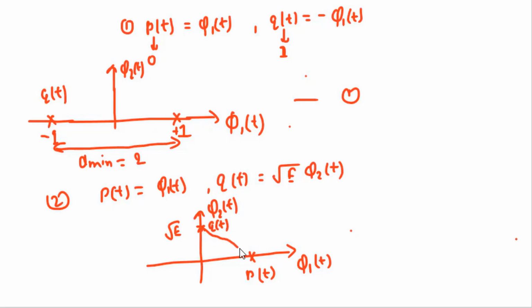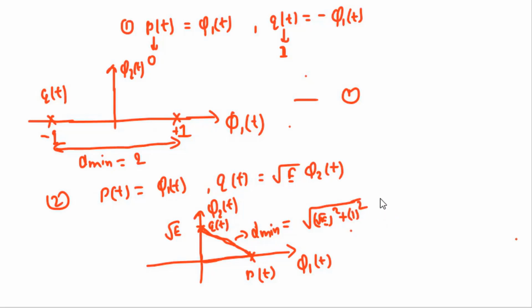So the distance between these two bits is this square plus this square, from trigonometry and geometry, so this is your distance d min, which is equal to square root of E square plus 1 square.